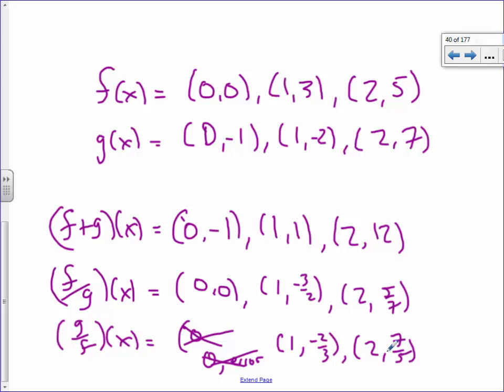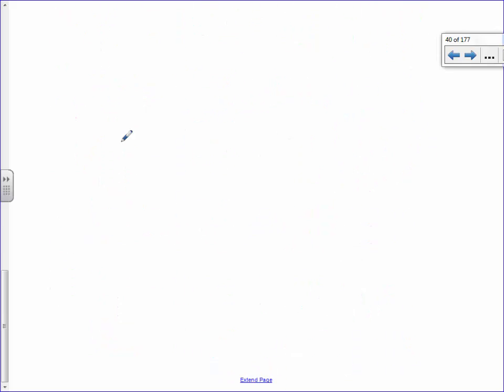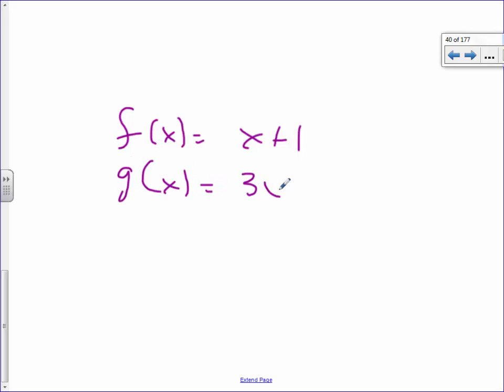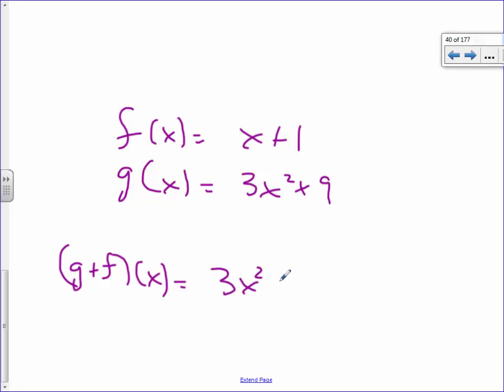For example, if I told you that f of x was equal to x plus 1, and g of x was equal to 3x squared plus 9, you could then tell me that g plus f of x would be equal to 3x squared plus x plus 10. Because literally what I'm doing is I'm just adding the equations together. Does that make sense? So 3 main things: point form, equation form, and graph form. Basically be able to get them combined together. Does that work?